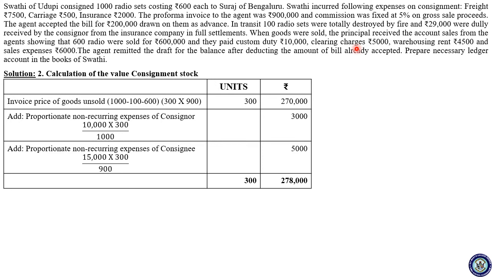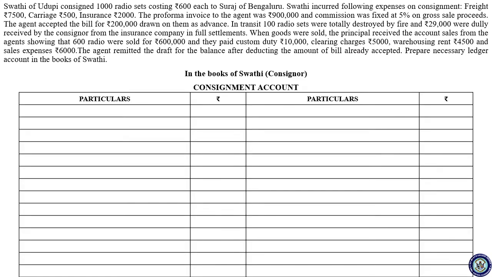Okay, next we'll move to the ledger accounts. So write in the books of Swati, that is the consignor, you are going to prepare the consignment account.